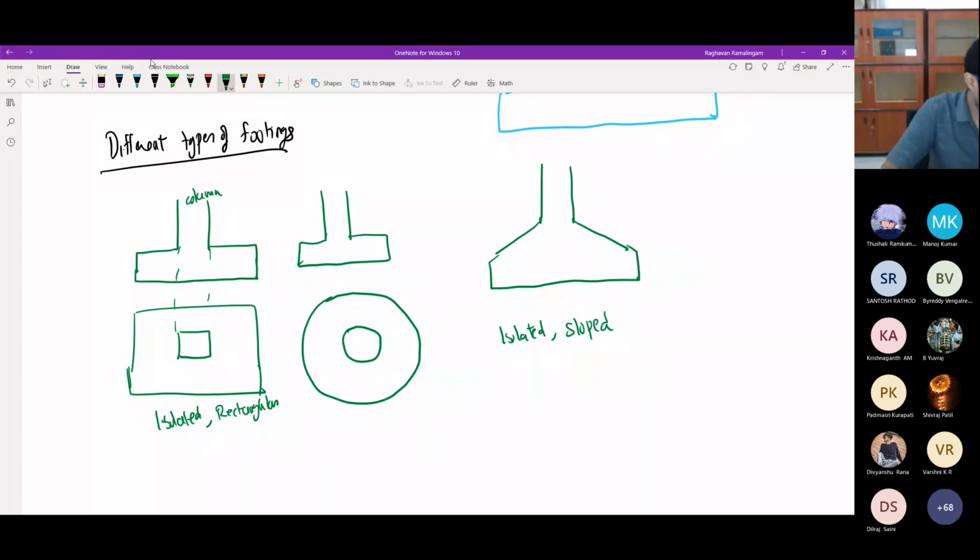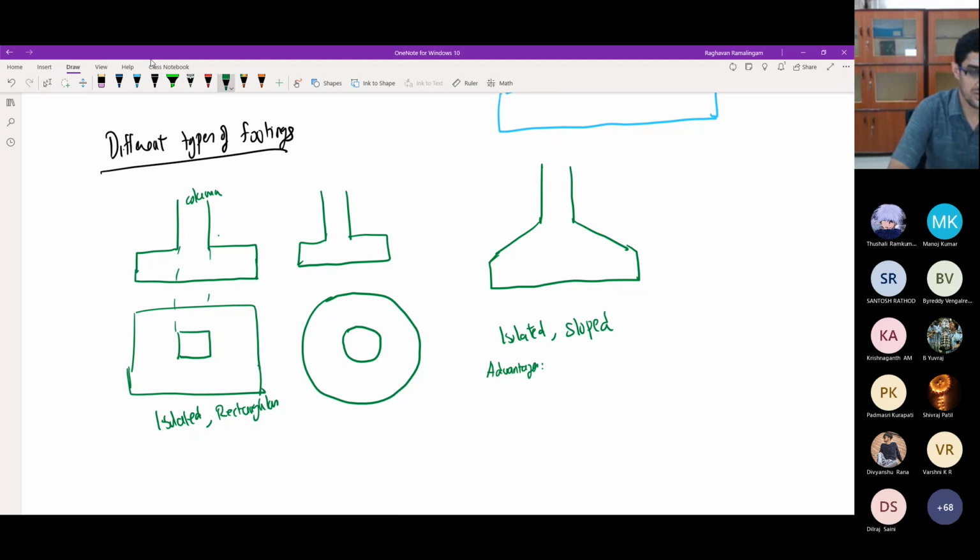Now the follow-up question is, what is the advantage of giving a shape like this as compared to a shape like this? In what ways might this be better?